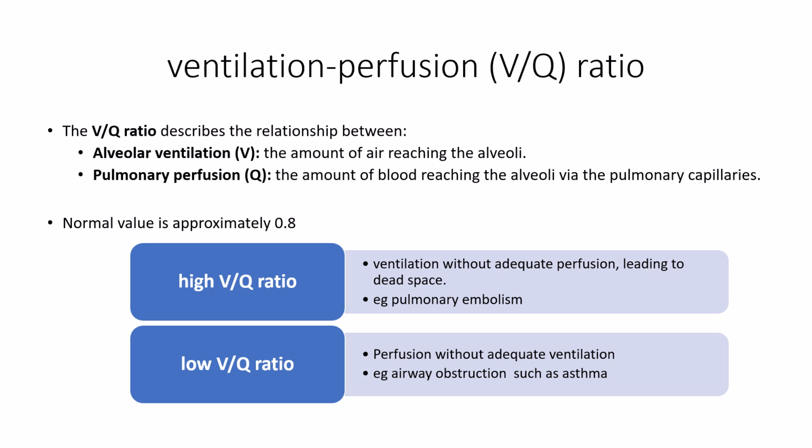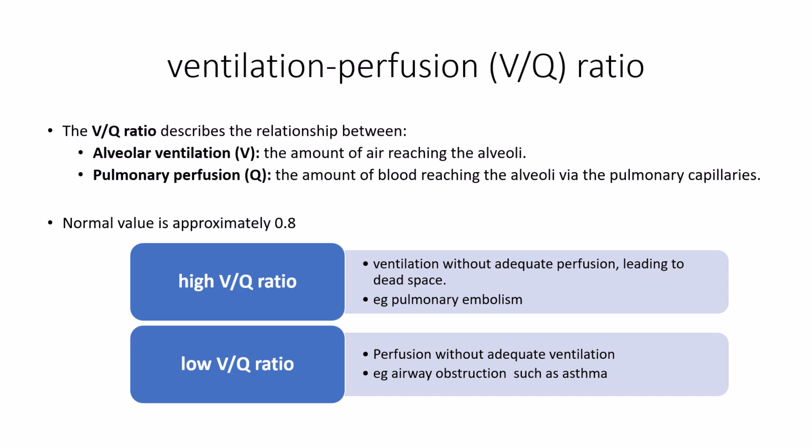A ventilation-perfusion ratio describes the relationship between alveolar ventilation, which is the amount of air reaching the alveoli, and pulmonary perfusion, which is the amount of blood reaching the alveoli via the pulmonary capillaries. The normal value is approximately 0.8, and this balance is essential for effective gas exchange, which means getting oxygen into the blood and removing carbon dioxide.